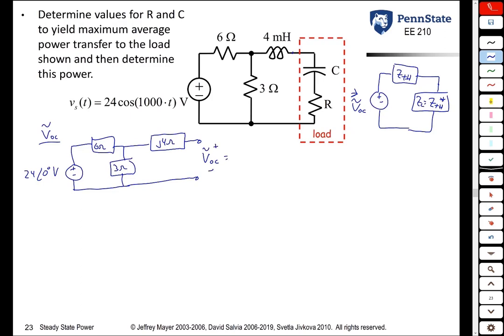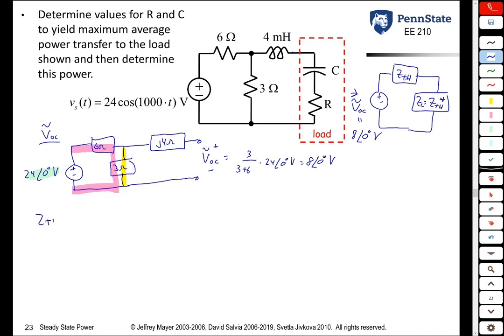From voltage division, it's 3 over 3 plus 6 times 24 at an angle of 0. Notice that j4 has no effect on VOC. So it's 3 over 3 plus 6 times 24 at an angle of 0 volts, or 8 at an angle of 0 volts. So that's going to be our VOC.